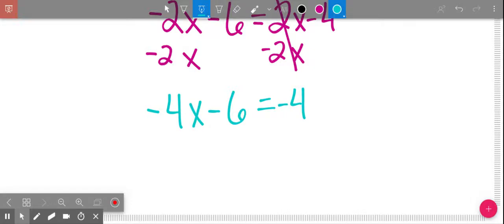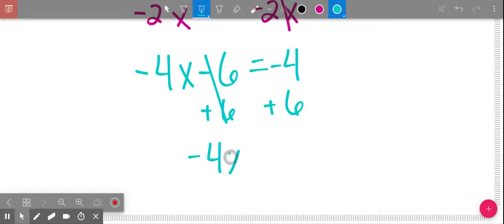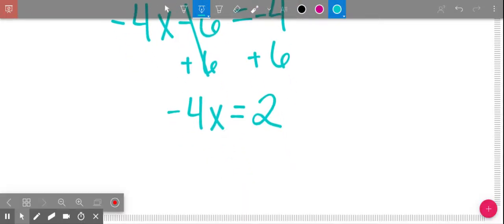Now from here, this turns into one of the problems we were working on last week. So I'm going to start by adding 6 to both sides. Those will cancel. I'll have negative 4x is equal to negative 4 plus 6 gives me 2. And then divide out the negative 4.